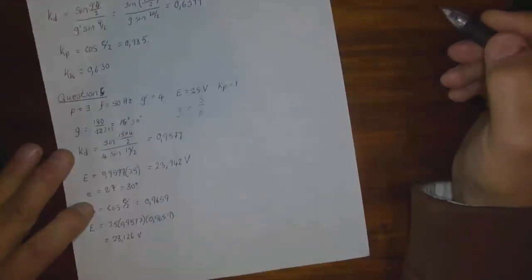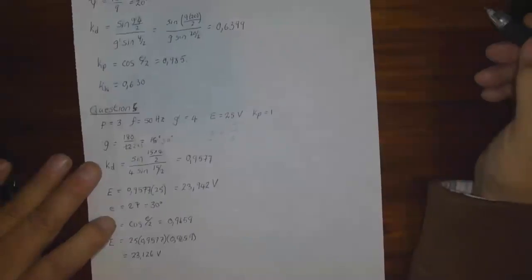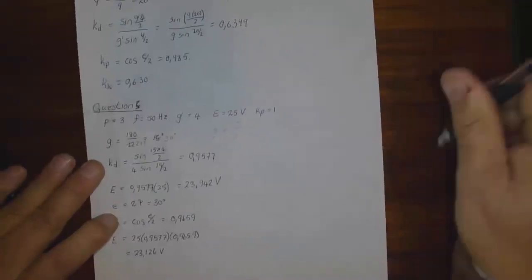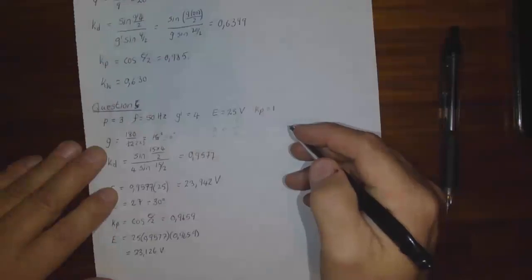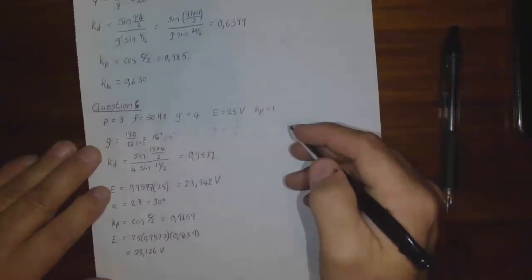Sir, we can't see what you're writing anymore now. No, sir. We're using G dash, and it's already given us 4. So the way you were doing it before was correct.